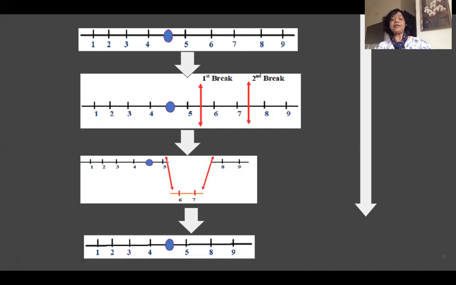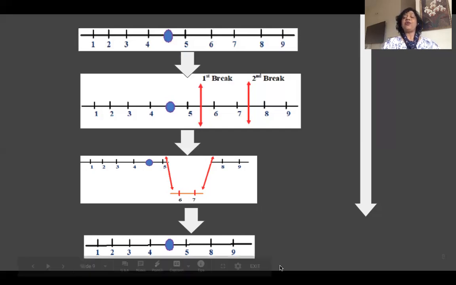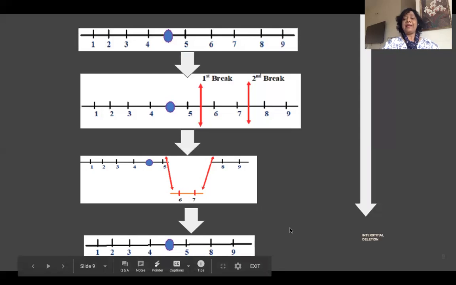So what is lost is 6 and 7. A small intercalary segment carrying the genes 6 and 7 is lost because there were two breaks. One break between 5 and 6 and the second break between 7 and 8. So this is an example of interstitial deletion.